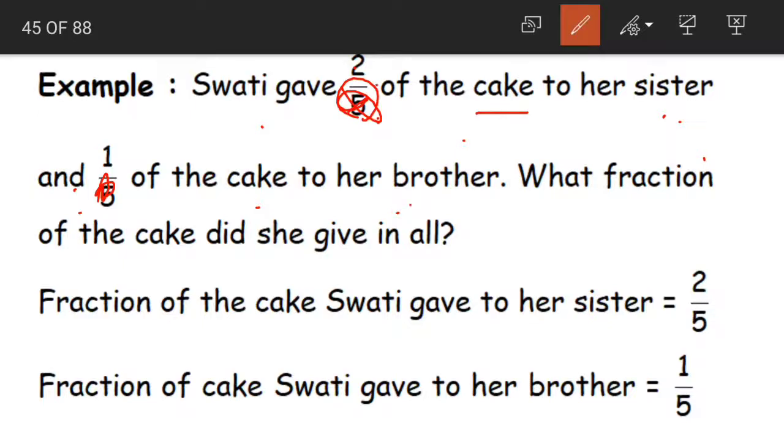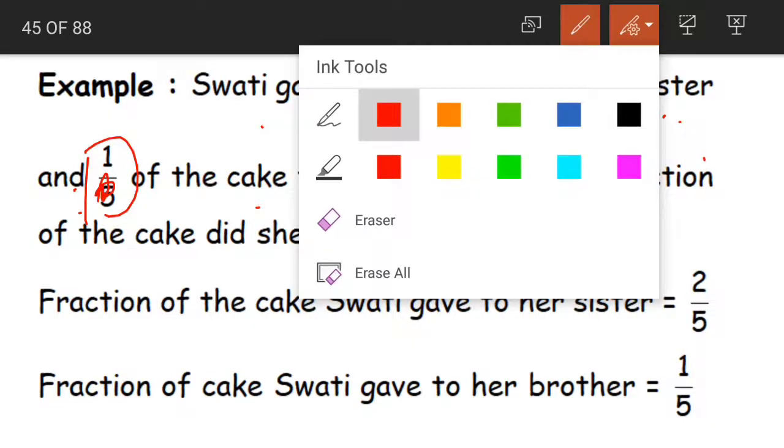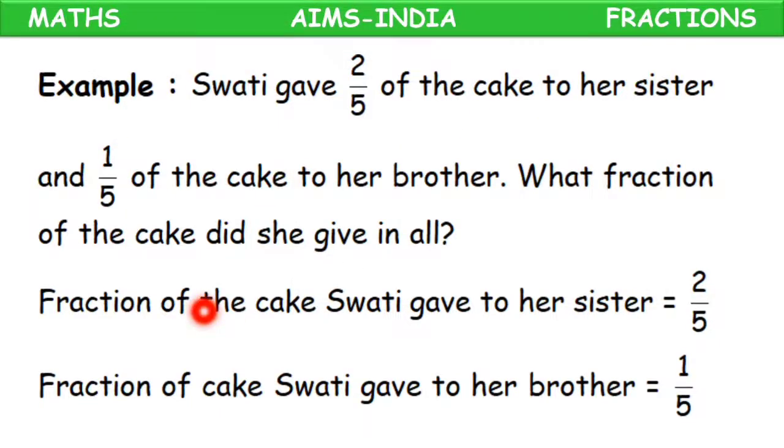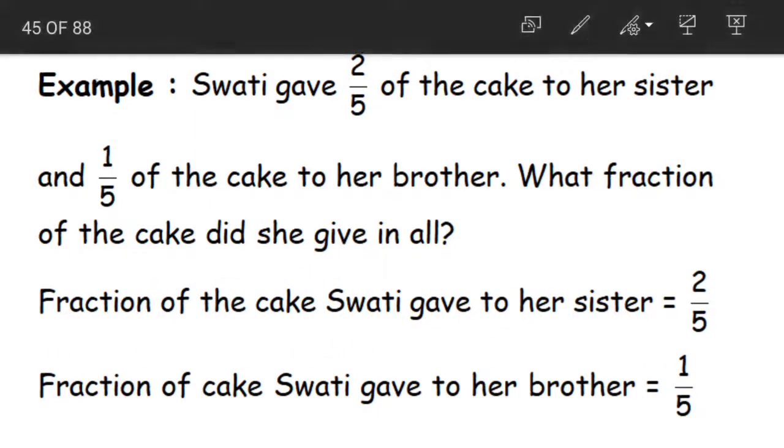Now what fraction of the cake did she give in all? When we are talking about in all together, we will add the given numbers. Yes, we will add the given portions of the cake that Swati has given. So first, in a word problem, the important point is that we have to write the information given in the form of steps.